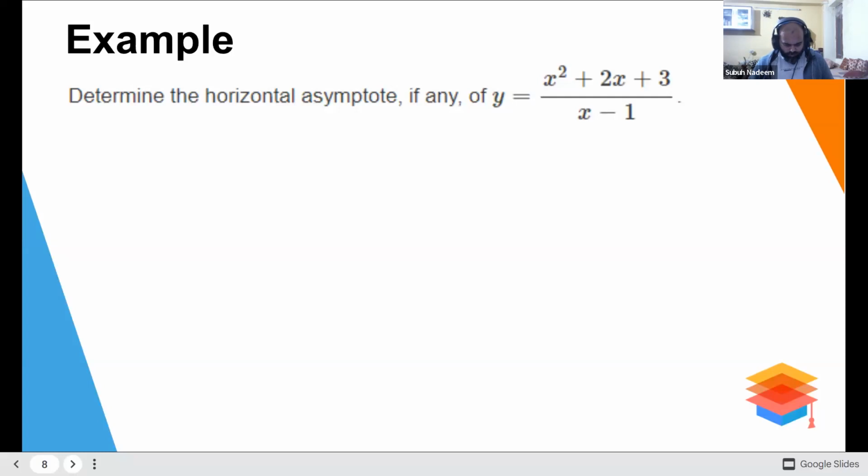So let us come to the next slide. Determine the horizontal asymptote, if any, of y is equal to this. So can you determine the horizontal asymptote?